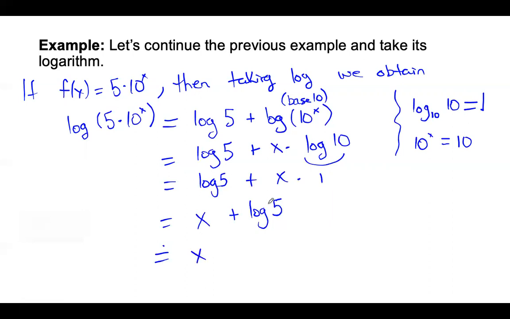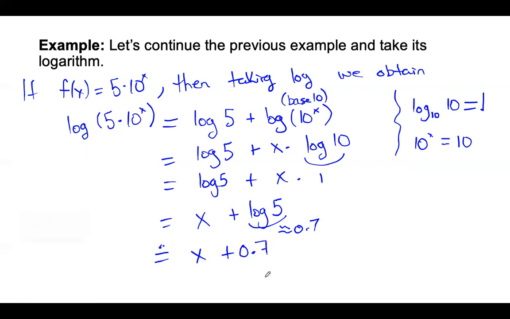We can compute this number with a calculator: it's approximately 0.7, so x plus 0.7.